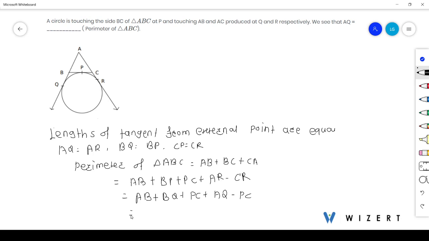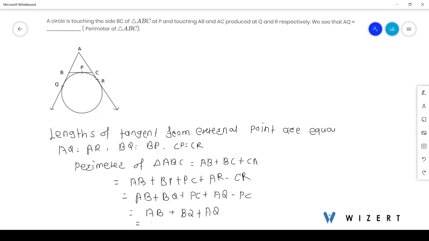So here AB plus BQ plus AQ. So here we will get AB plus BQ means AQ.